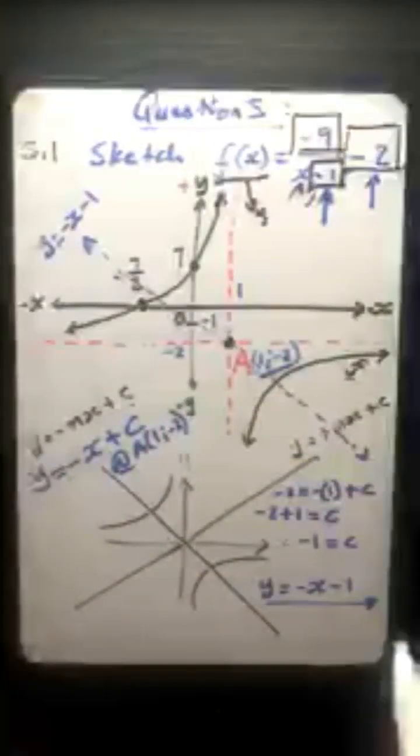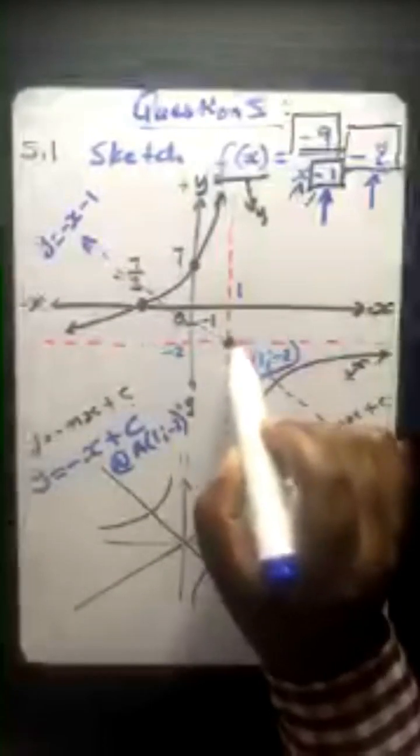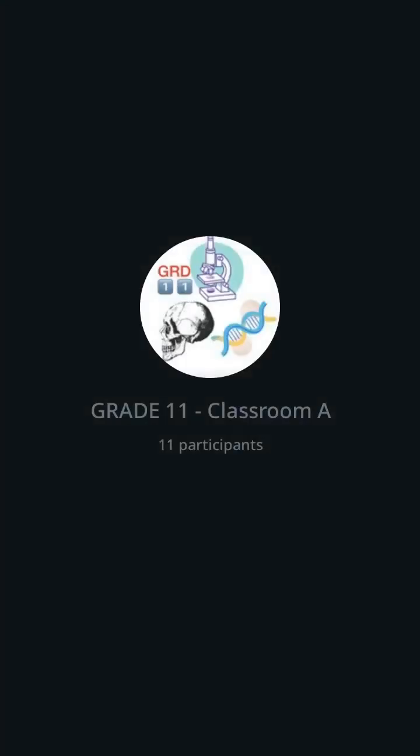So this is the line of y is equal to negative x minus 1. And the minus 1 is actually that one there where it cuts the y-axis. So it's more like you will have a negative gradient at one point, and that point is always this point of the intersection of the asymptotes.